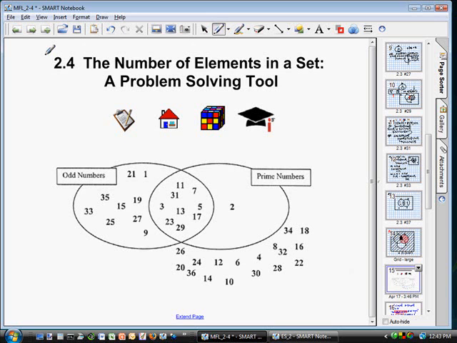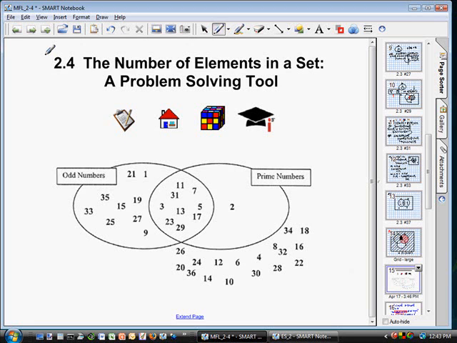I don't know if you remember what prime numbers are, but prime numbers you can only divide by themselves and 1. And so 2 is the only even prime. And then there's a bunch of other numbers on the picture that aren't either. Like 26 is not prime and it's not odd, and so it's outside. Venn diagrams are a good way to classify things.